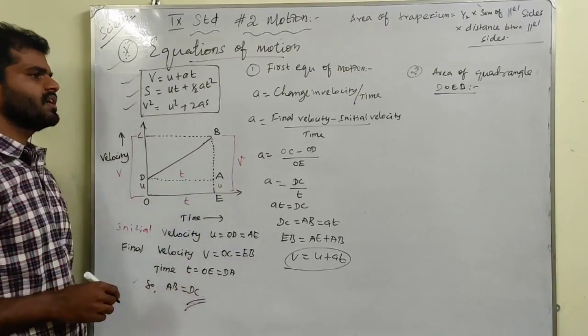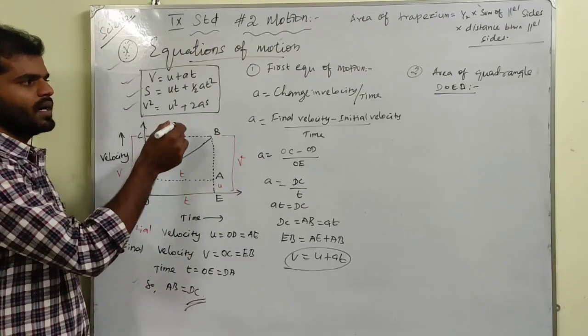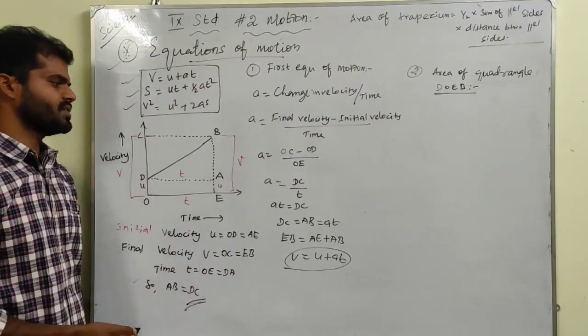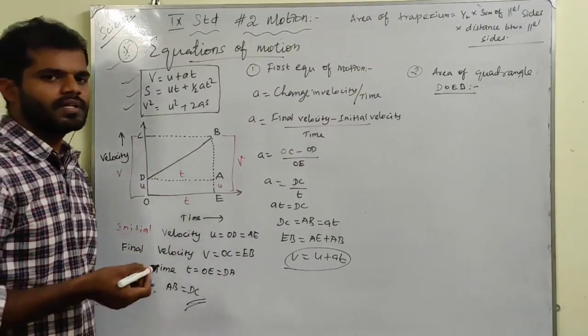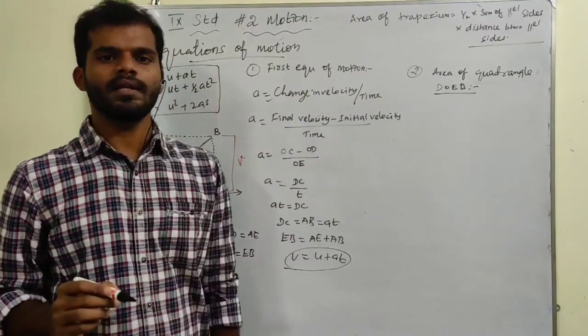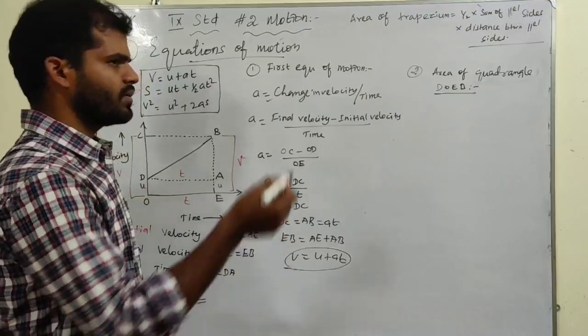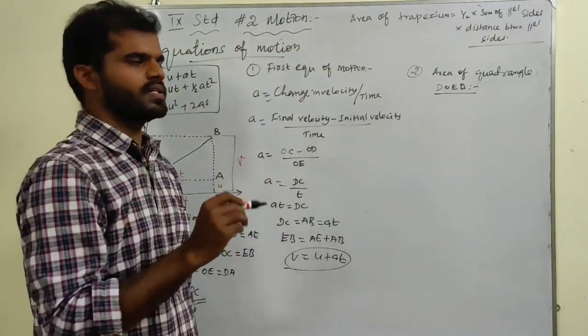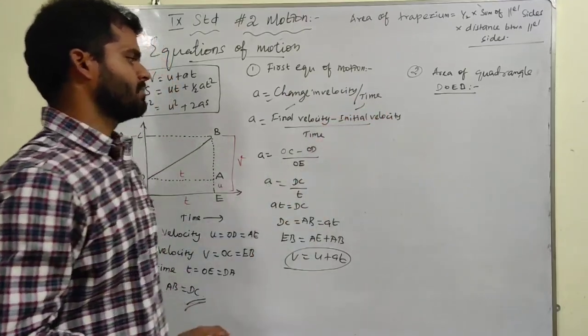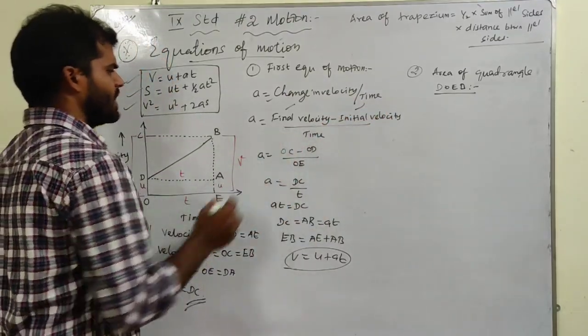So let us go to the first equation of motion. That is nothing but A is equal to change in velocity by time. A is nothing but acceleration. We know the formula: acceleration is equal to change in velocity by time. Whenever there is a change, we subtract final minus initial. The same way here also: final velocity minus initial velocity by time. Right? So what is the final velocity here?